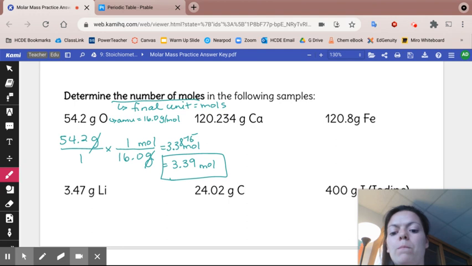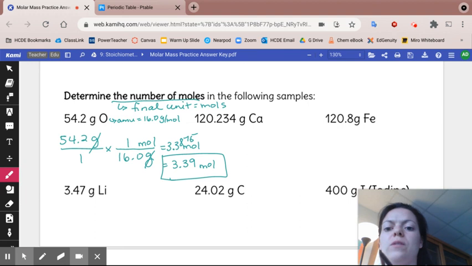If you'll remember, a mole is the number of particles in every 6.022 times 10 to the 23rd. That's how many particles there are in every mole. Just like there are 12 of something in a dozen, okay? A mole is 6.022 times 10 to the 23rd, okay? And so we're going to use that knowledge to help us figure out how many atoms we have.